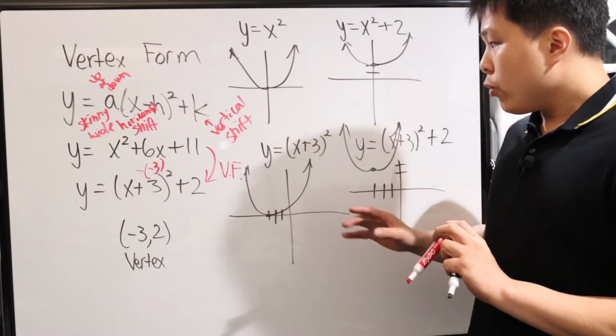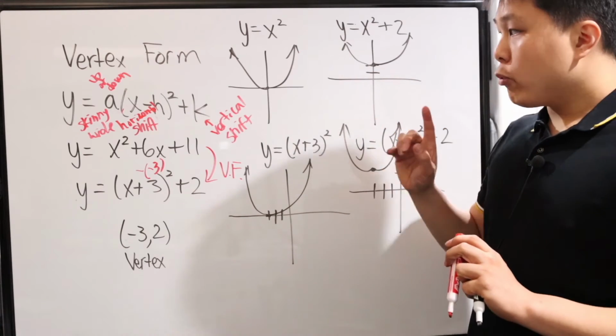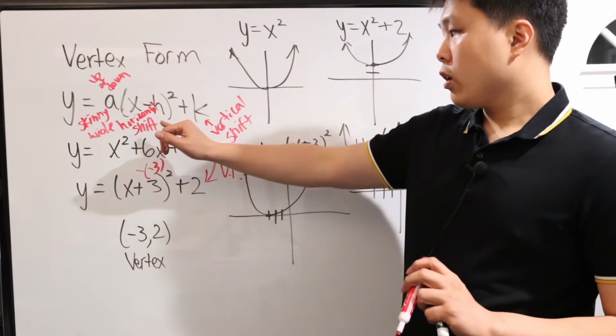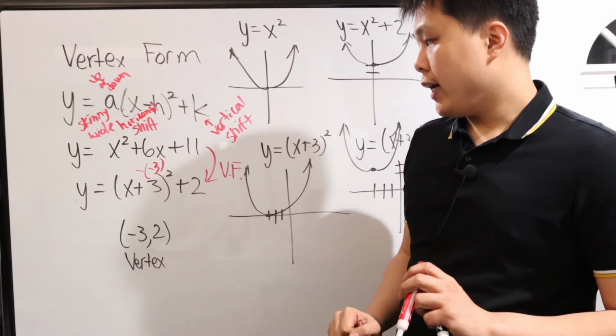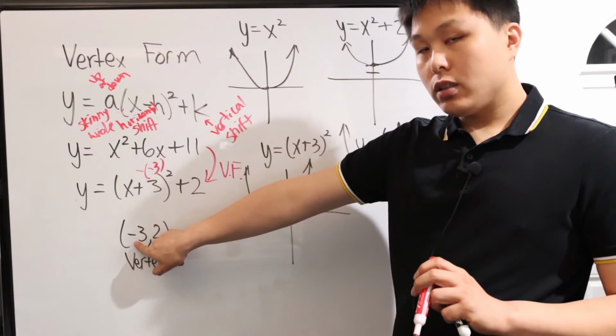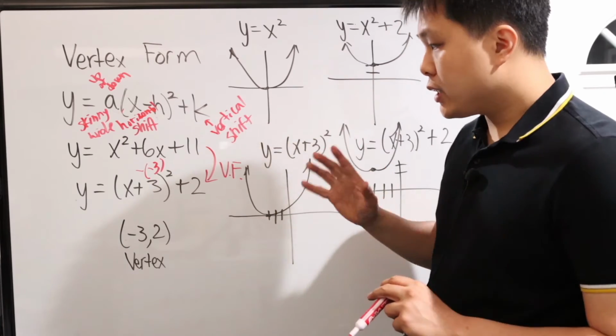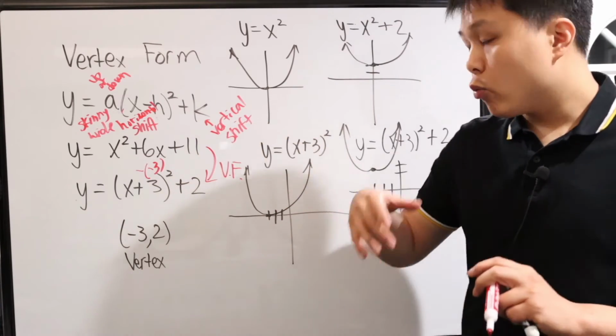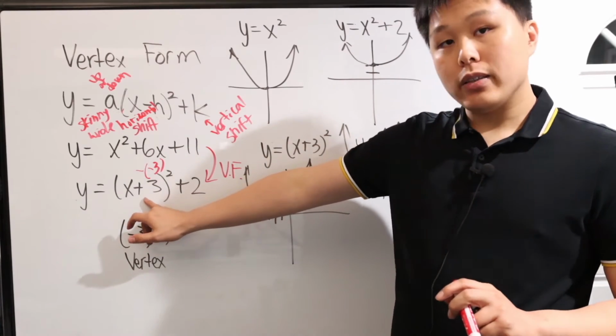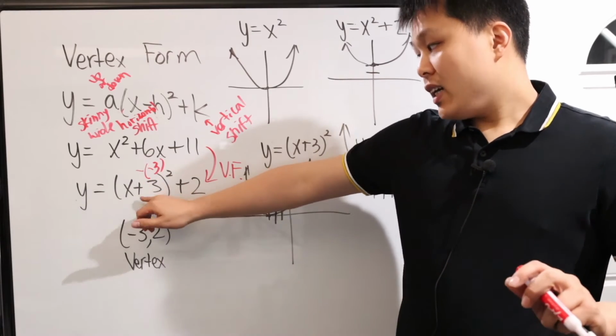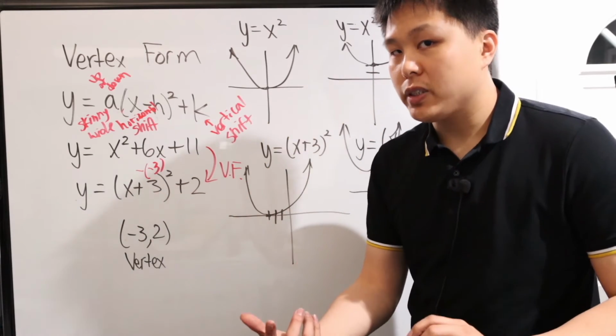Now, that's for this graph. But I want you to know this. Horizontal shift is our H. In this case, because from the vertex we know that it's negative, we're moving to the left. I've seen people try to memorize this, and what scares me is that inside you're technically doing the opposite, right?